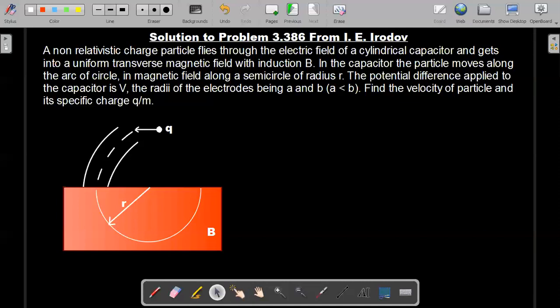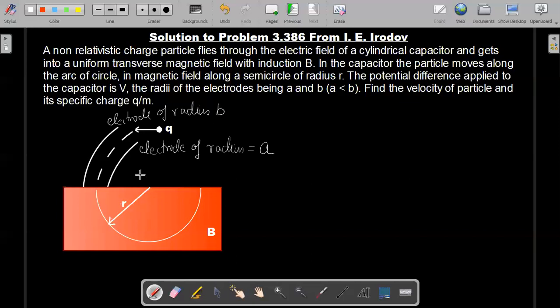So in this question, these two lines which you are showing here are electrodes. So this one is the electrode, and this is also the electrode. These two are the electrodes of the capacitor. Let's say the inner electrode is of radius small a, whereas the outer electrode is of radius small b.